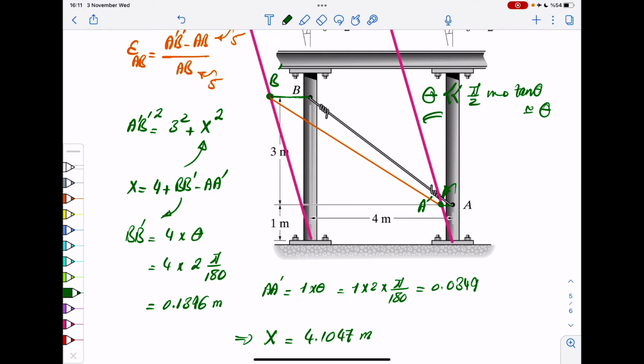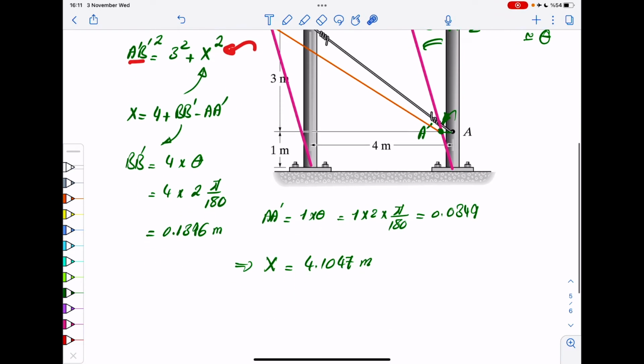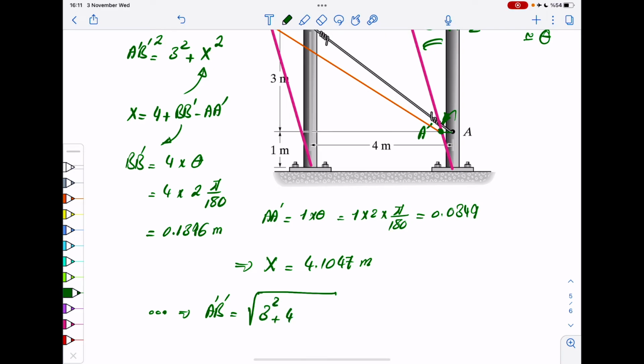Okay? Now you insert that into this equation, you get a prime b prime. So you do it there, and then a prime b prime would be, let's say, a square root of 3 squared plus 4.1047 squared. So a prime b prime is 5.0842 meters.